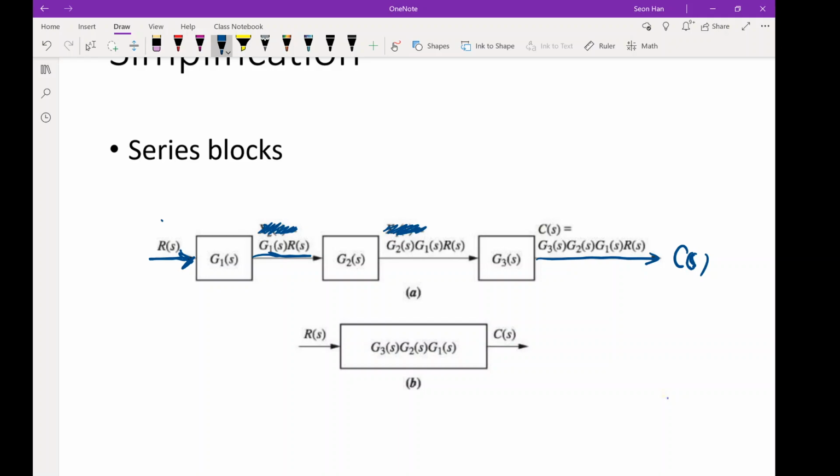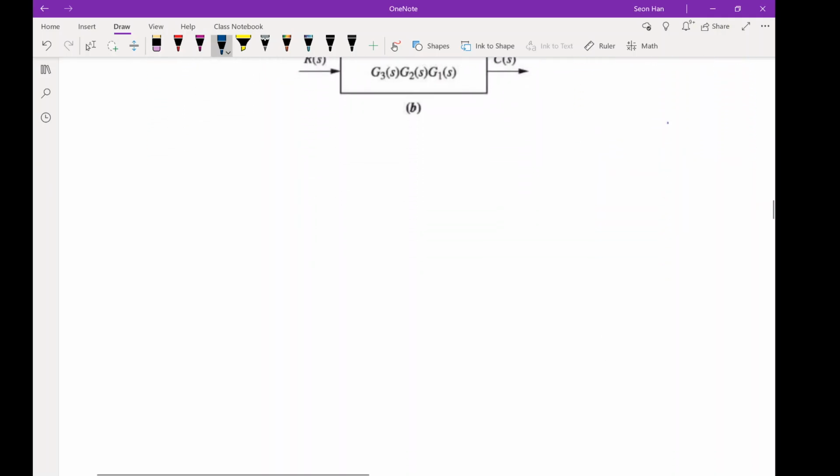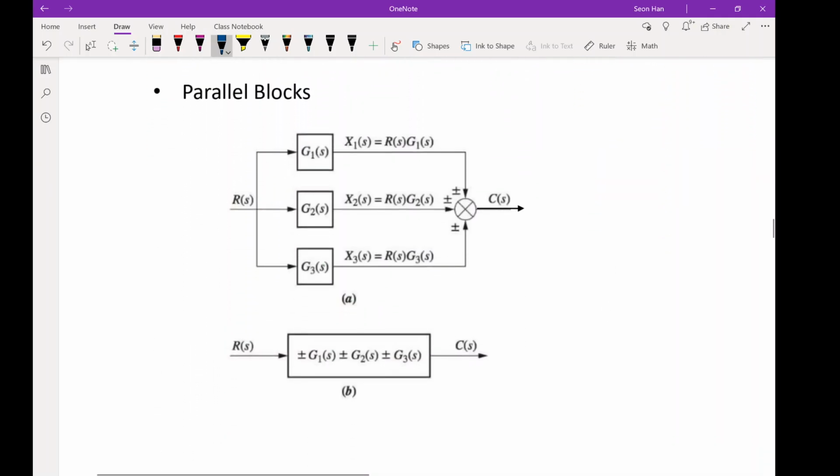Amazingly, in MATLAB, you can use what's called a series command, where G1 and G2 will multiply G1 times G2 for you. So this is a MATLAB command, and it might be useful when you go to controls.